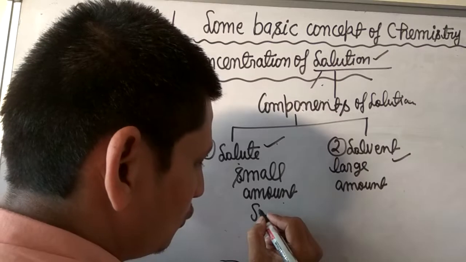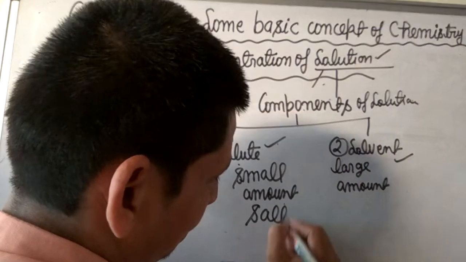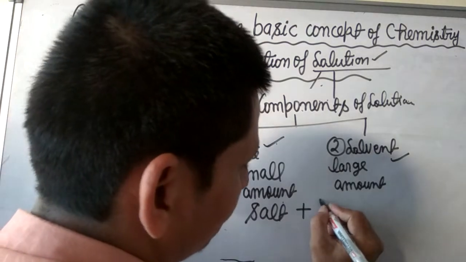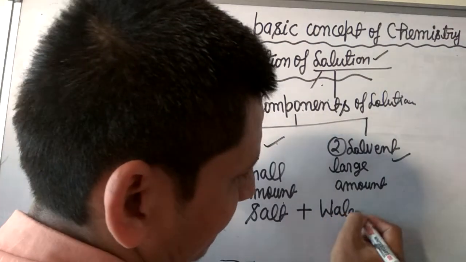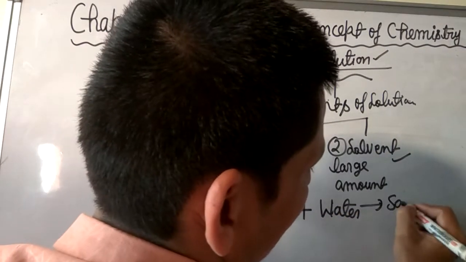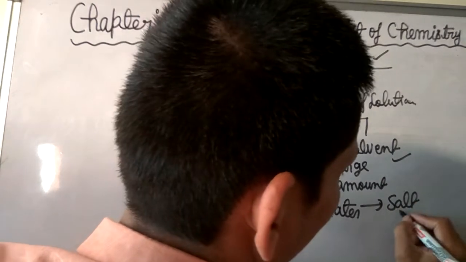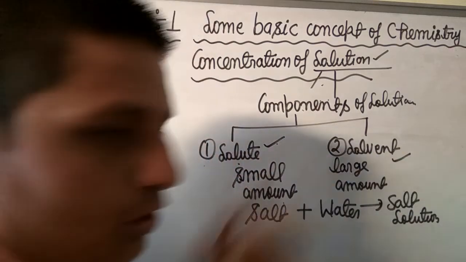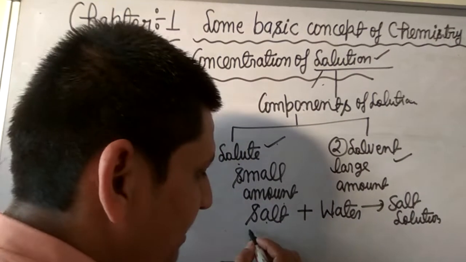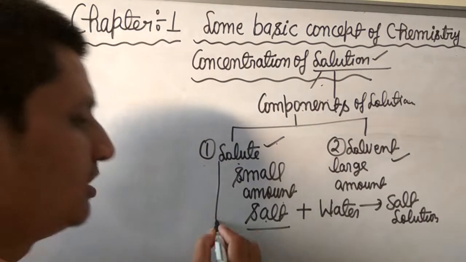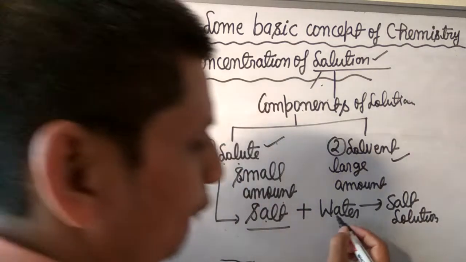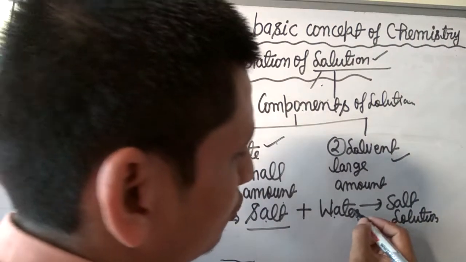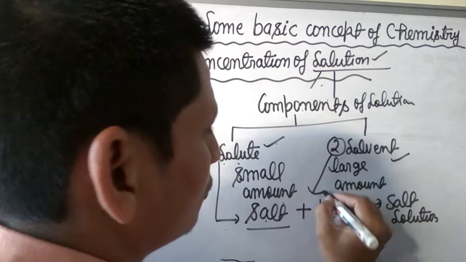When salt dissolves in water, salt solution is formed. In salt solution, salt is present in small amount, so salt is the solute. Water is present in large amount, so water is the solvent.